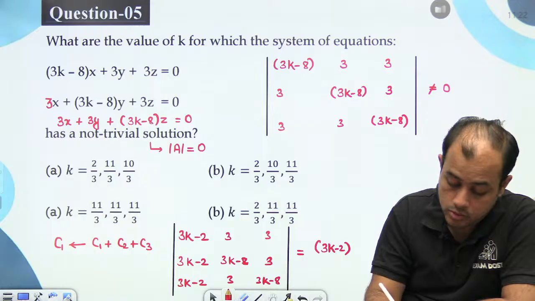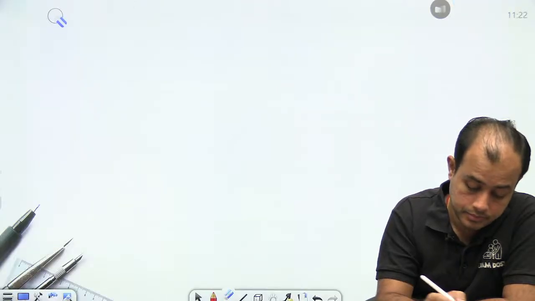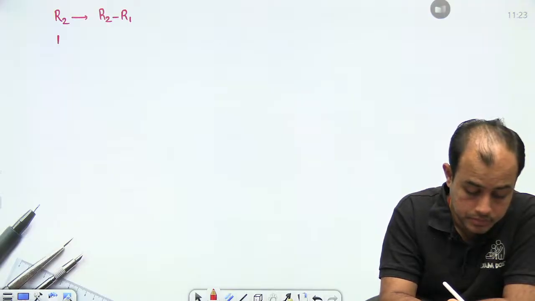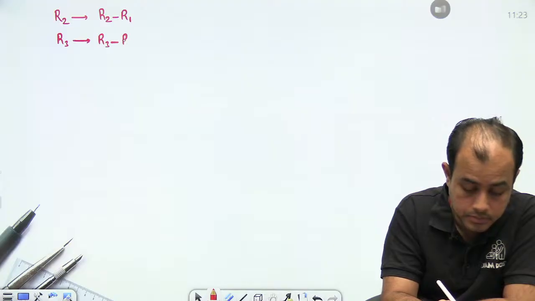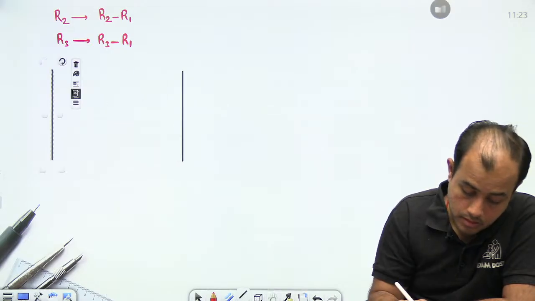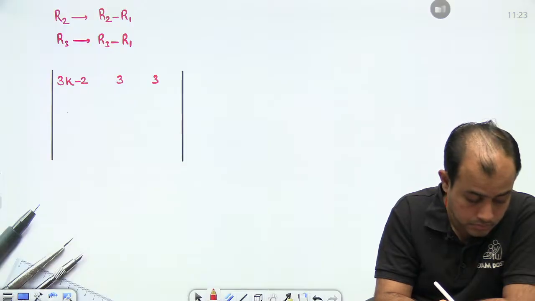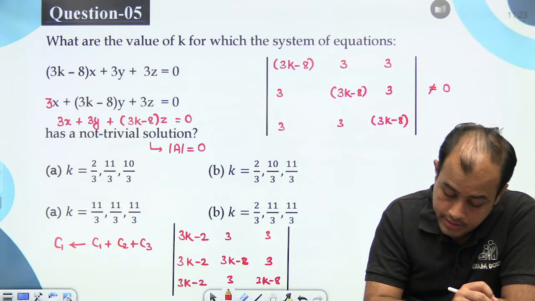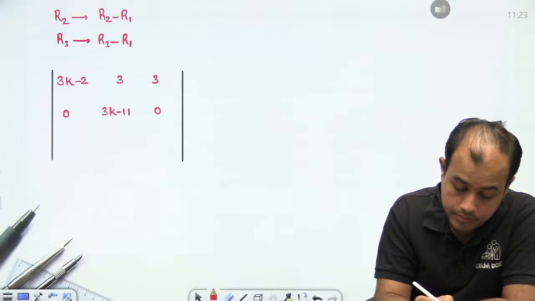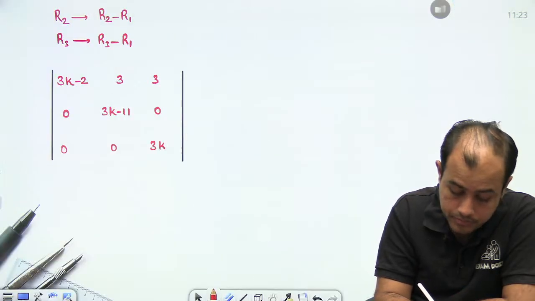So I take 3k minus 2 common, or what I'll do is I'll apply row transformation. 3k minus 2 minus 3, so 3k minus 11. 3 minus 3, 0, 0, 3 minus 3, 0. Okay.